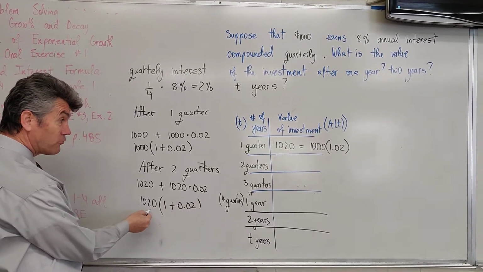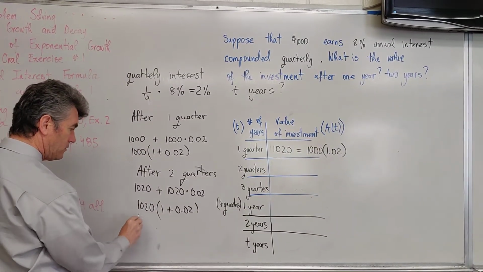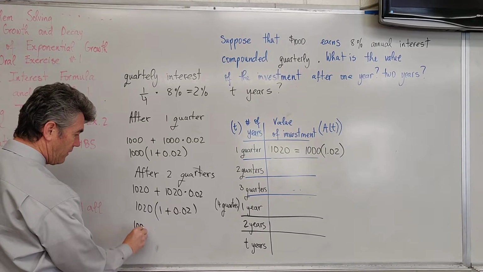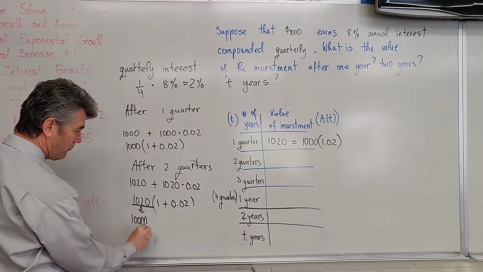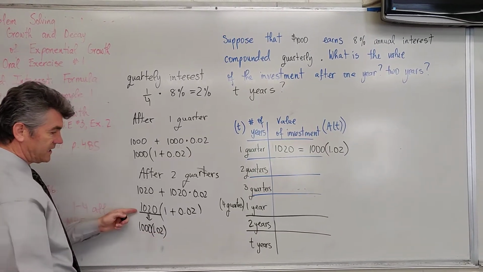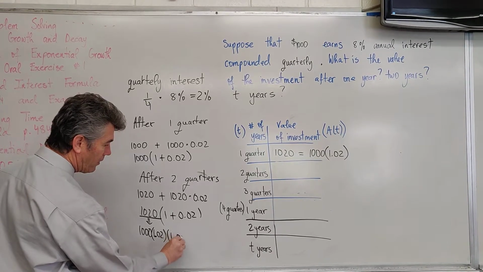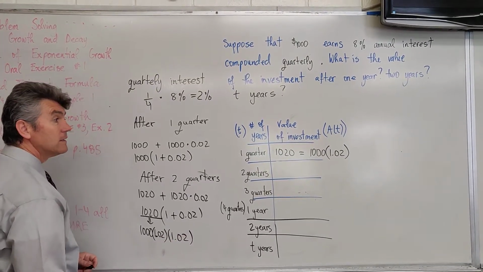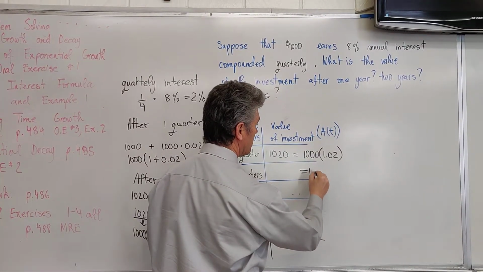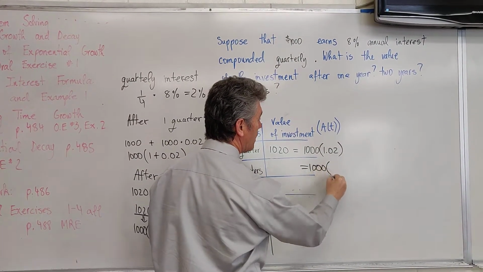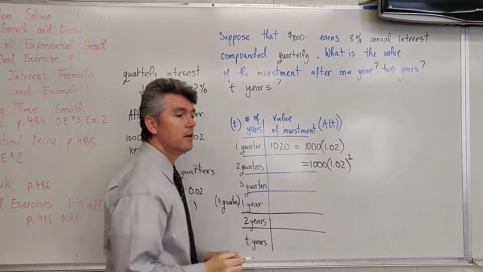But the 1,020 is actually 1,000 times 1.02. So this is 1,000 times 1.02. This is your 1,020 times another 1.02. So after 2 quarters, what's the amount of money that we have? It is 1,000 times 1.02 raised to the power of 2.